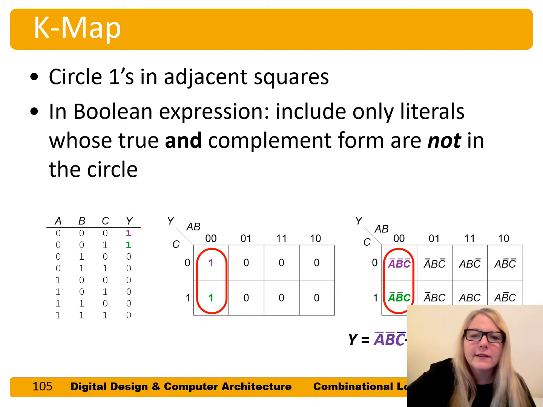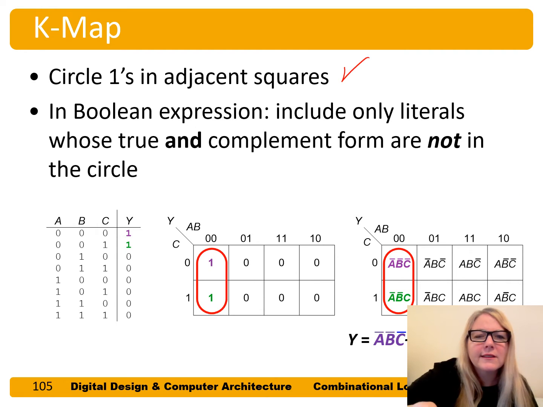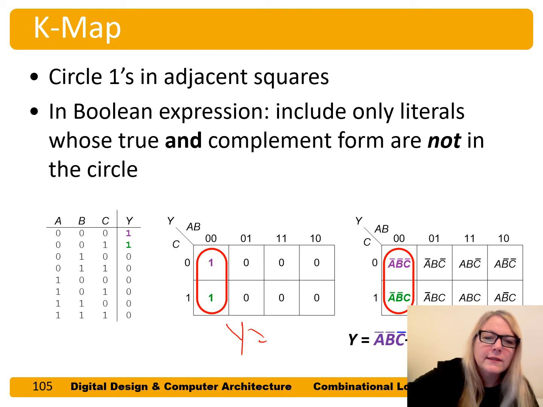Effectively, what we're doing graphically is Y equals A bar, B bar, C bar, or A bar, B bar, C. So we're going to circle ones in adjacent squares and include the literals whose true and complement forms are not both in the circle. In other words, we're not going to include literals that have both the true and complement form included in the circle. So Y equals A bar and B bar.